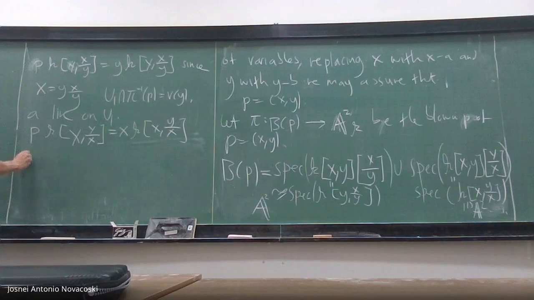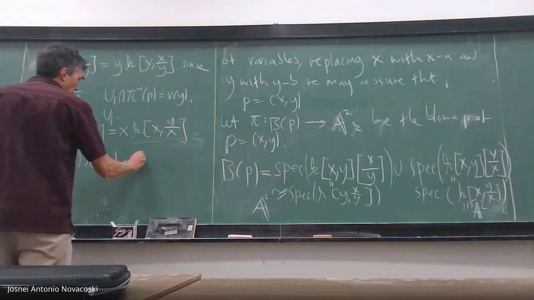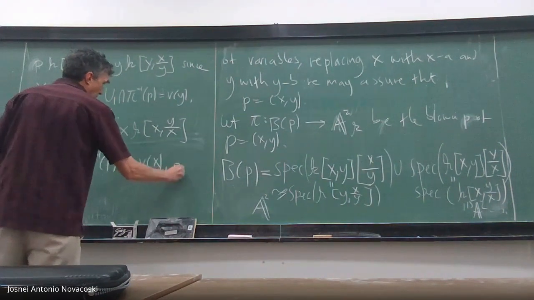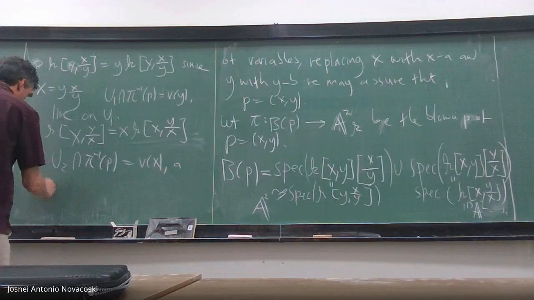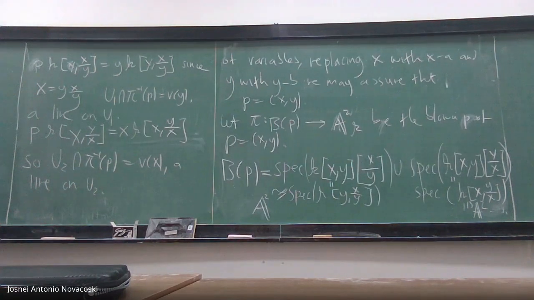So we see that U2 intersection pi inverse P is equal to V(X), which is a line on U2. Okay, so the geometry is not so bad.